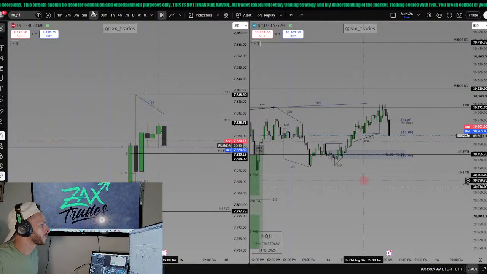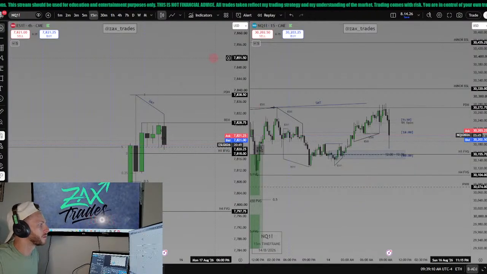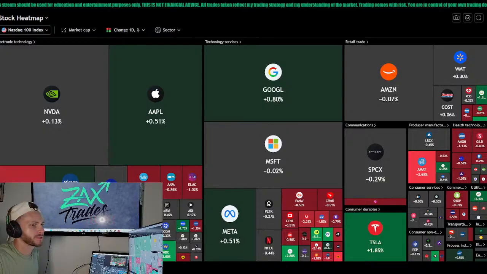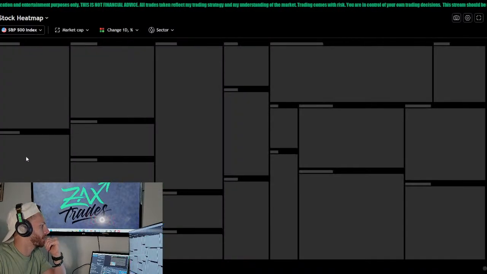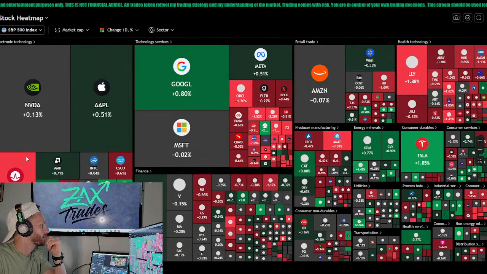So pretty aggressive sell off right at the open. Let's see what the map's looking like overall. I got a couple questions of how I pull this up.